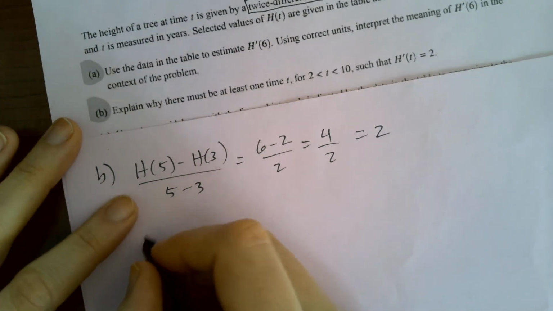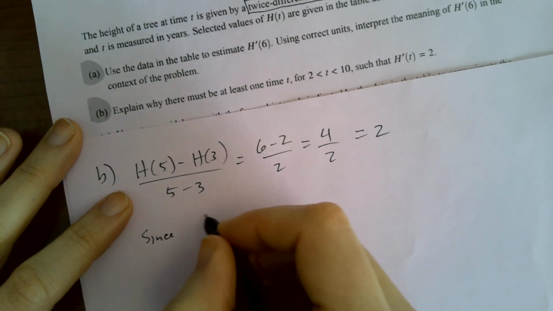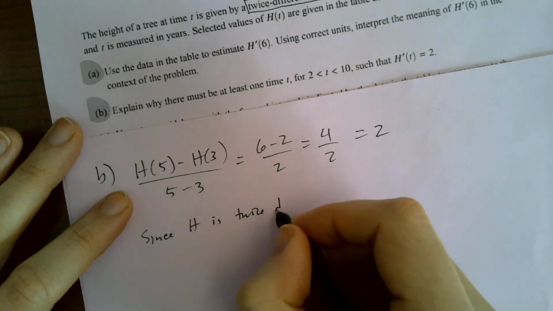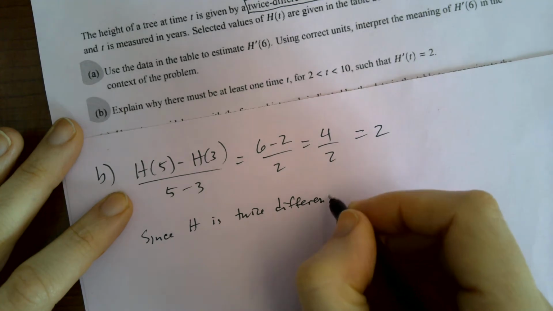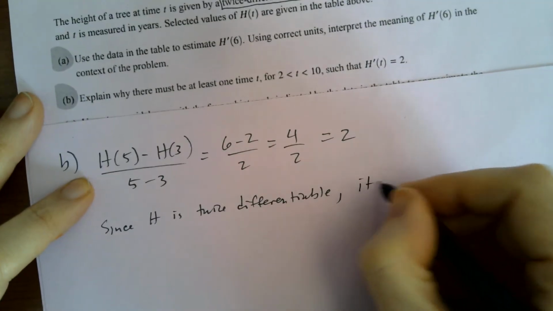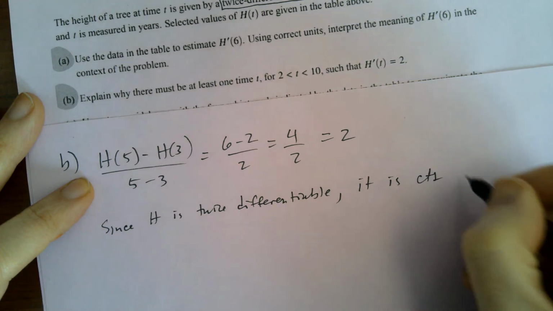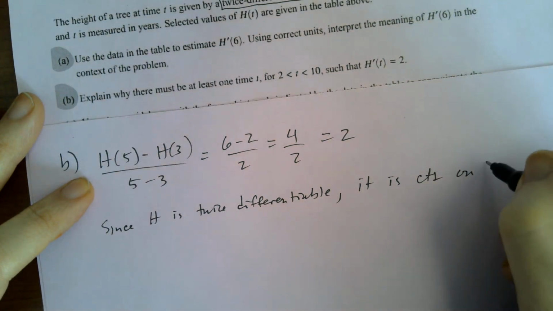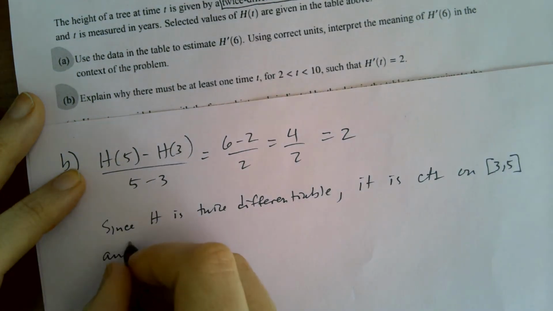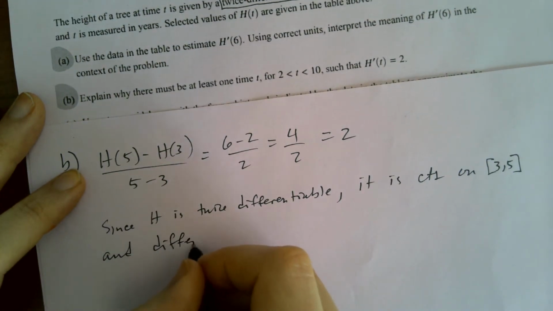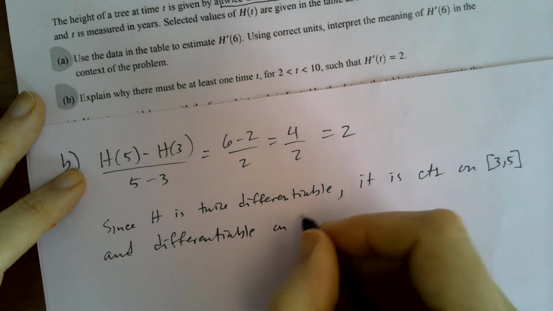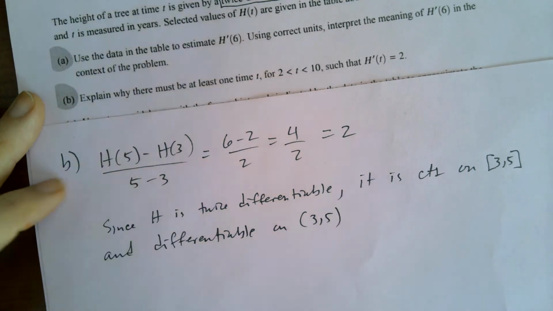Now I'll say since h is twice differentiable, it is continuous on [3, 5] and differentiable on (3, 5).